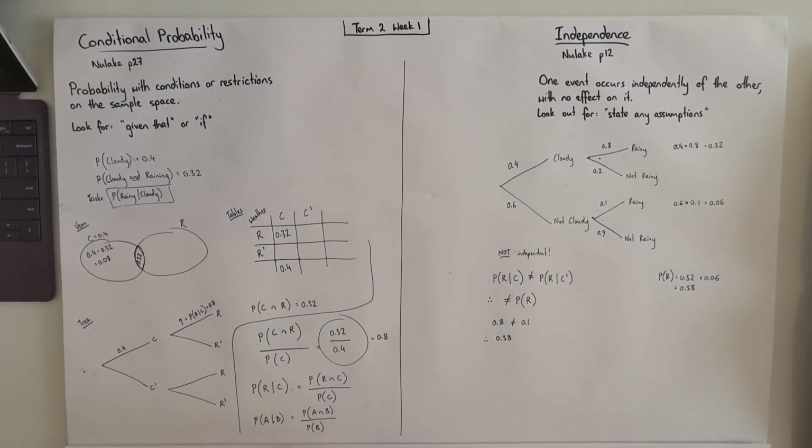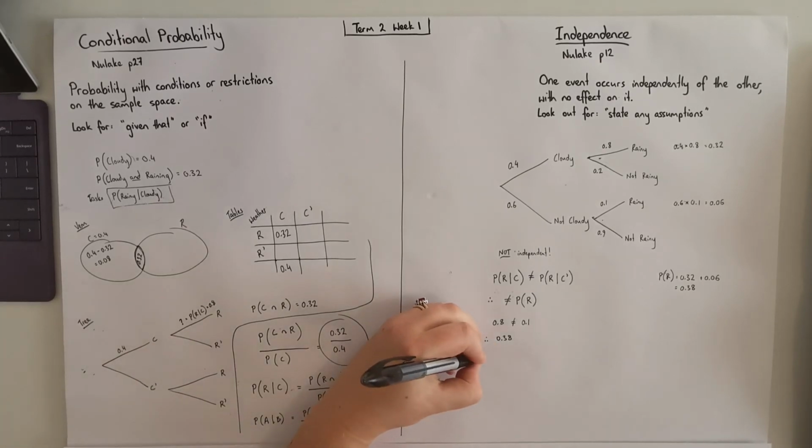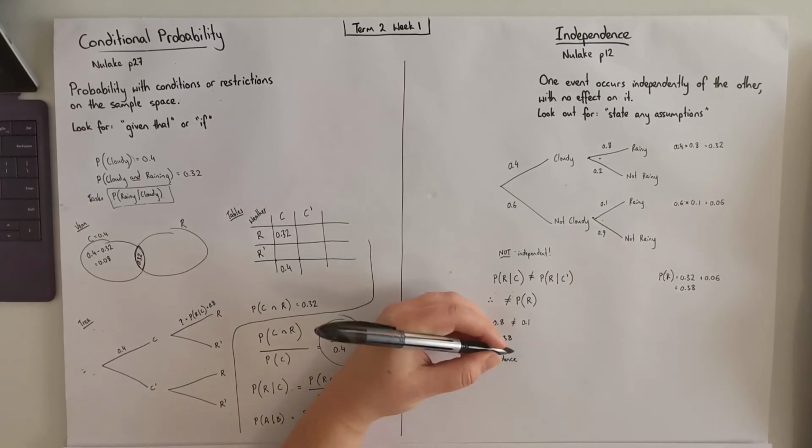The context makes sense, we're just adding maths to it. From this, we come up with a definition for independence. Independence will be in place, it will occur if this is satisfied.